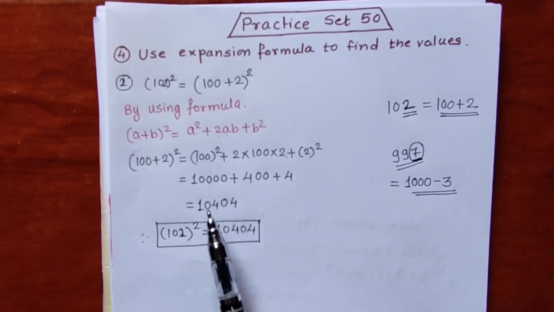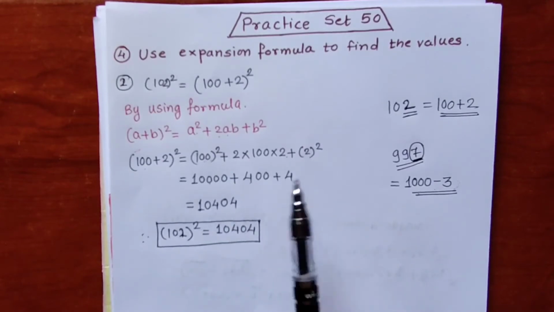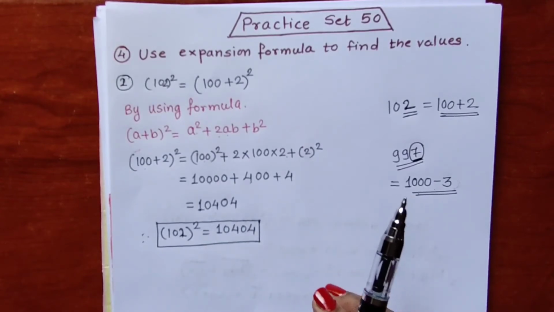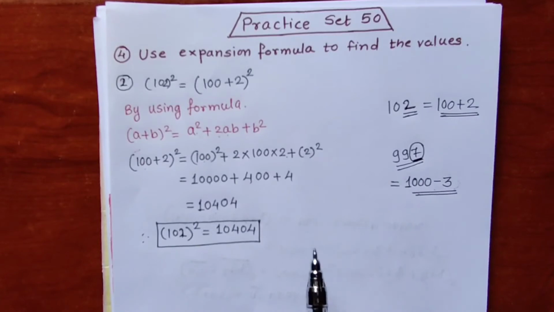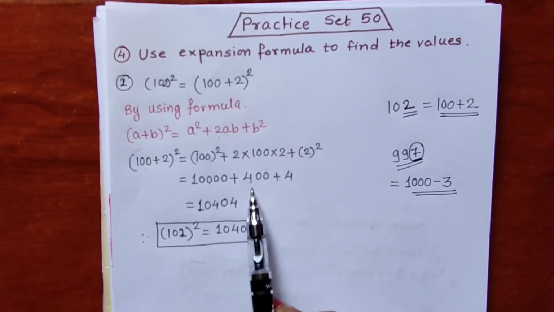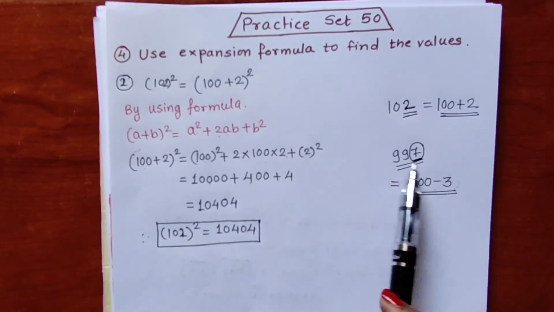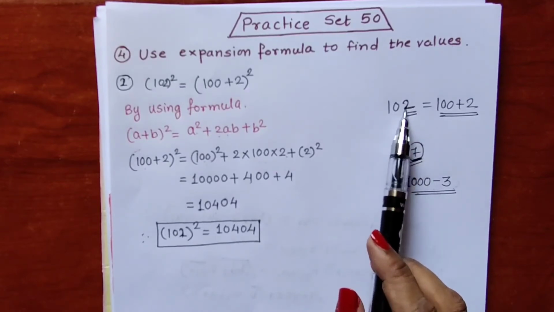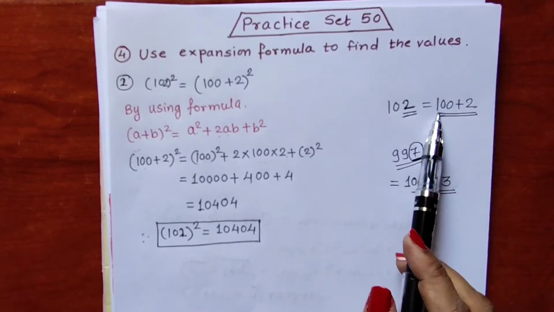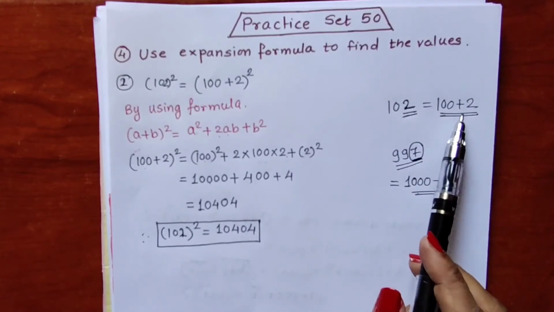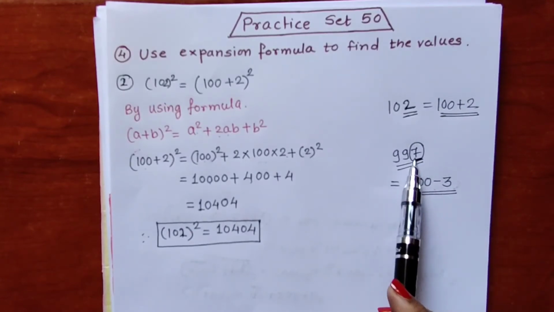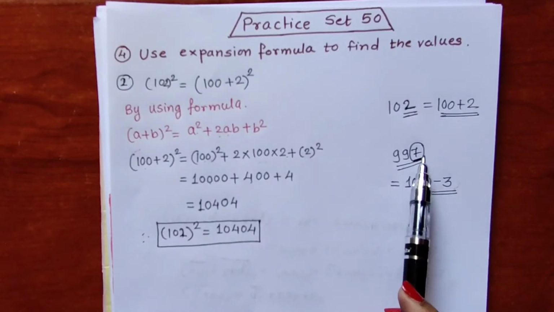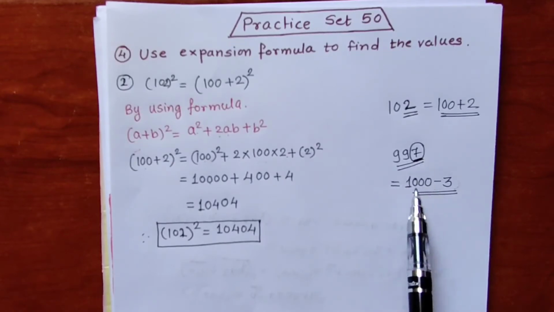Finding the square of 100 is very easy. Finding the square of 2 is very easy. So we have to get such numbers that we can square and multiply very easily. And always keep this in mind: when the unit place digit is 5 or less than 5, convert it into the addition form, and when the unit place digit is greater than 5, we have to convert it into the minus form or subtraction form.